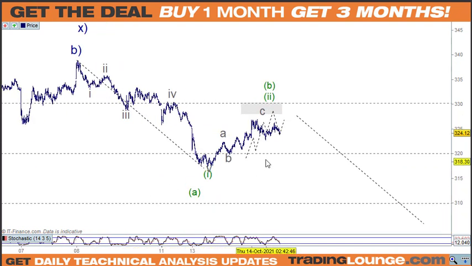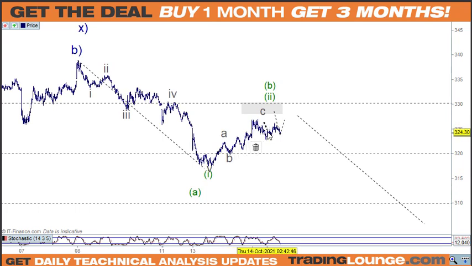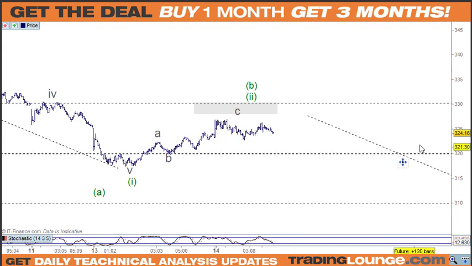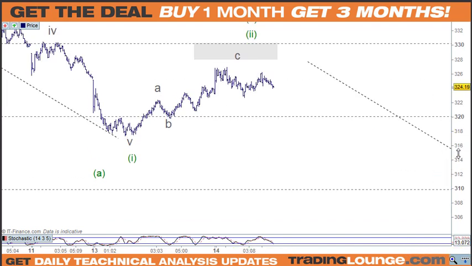Probably it could be the case, I don't know yet, but it will help us be a little bit more diligent with the low. So yesterday we were looking for this to rally, and it kind of did, didn't it? I just don't know if it's finished.